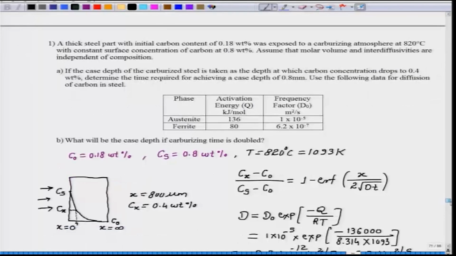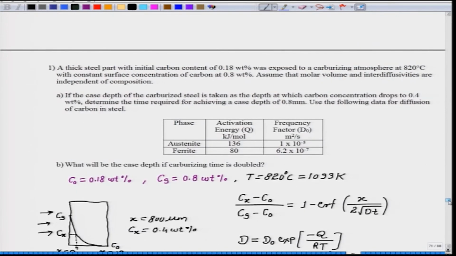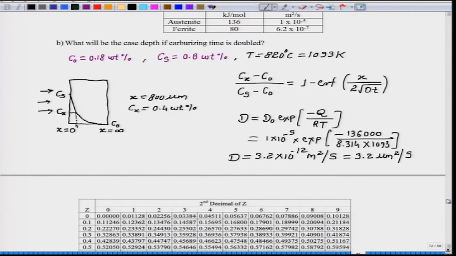Now, the second part of the problem: what will be the case depth if carburizing time is doubled? Now, this is simple. Once we know one carburizing time for one case depth, we can straight away use the Boltzmann parameter. As you see in this equation here, C is a function of x over root t.